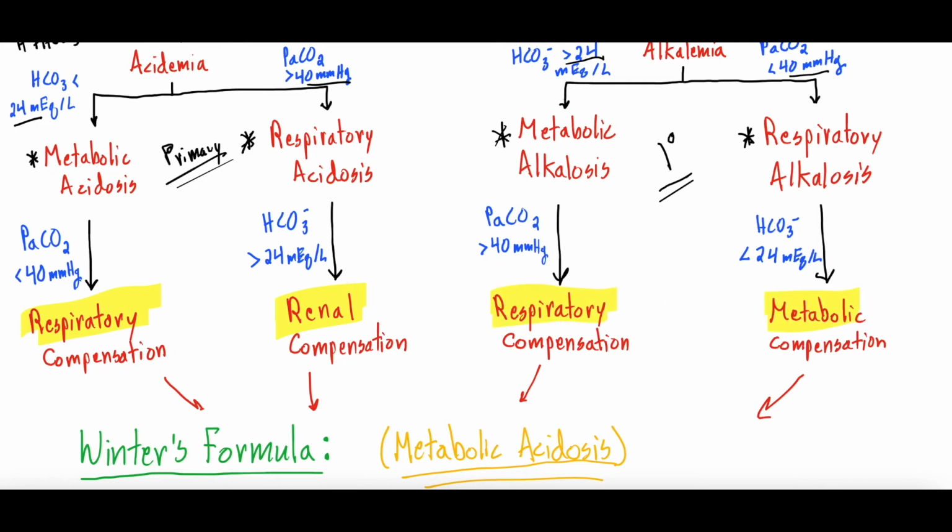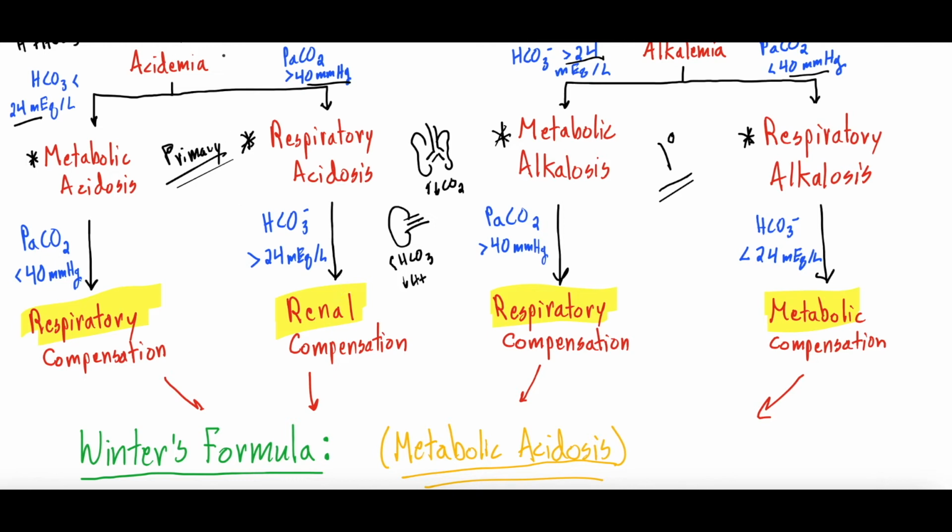So the kidneys, if we draw a little bean here, can either absorb more bicarbonate or excrete more hydrogen ions, and that's how they compensate renally for an acidosis or alkalosis. Whereas the lungs can breathe out CO2 or hold on to CO2, and that's how the respiratory system compensates for an acidosis or alkalosis.